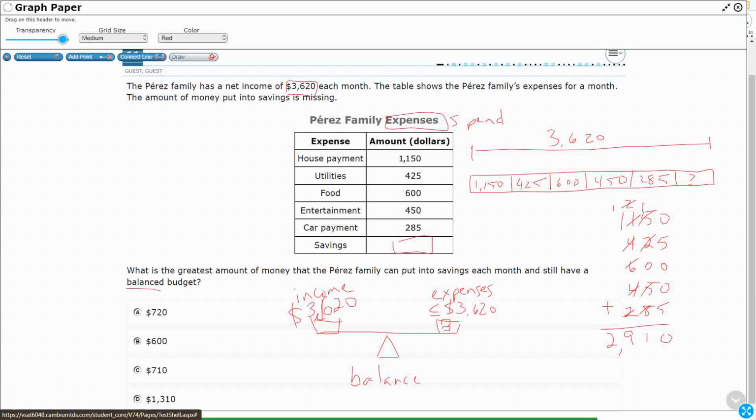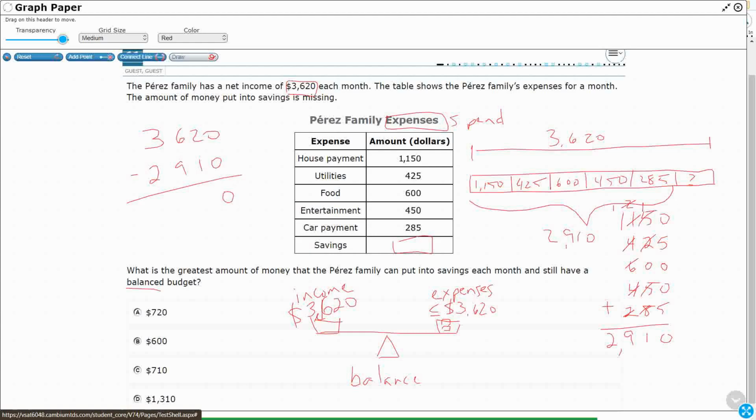So now all I need to do is take my total, 3,620, and take away what all of this is. So that's going to be 2,910, because if I use subtraction, I can figure out that missing amount. What's the greatest amount I can put in savings each month?